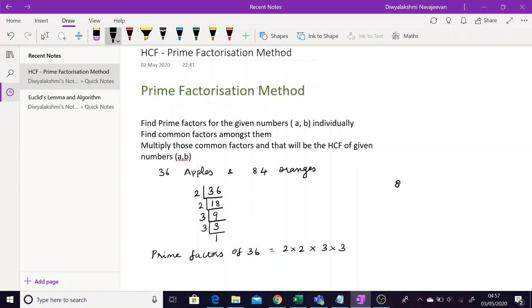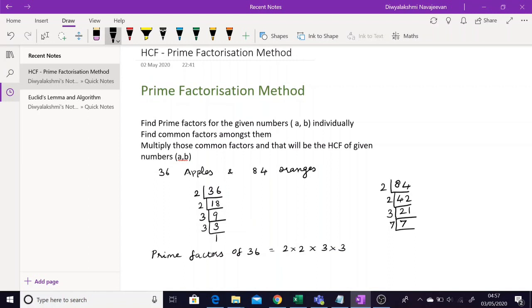So let us take 84. The least possible prime factor for 84 will be 2, and then dividing 84 by 2 gives 42. Now the least possible prime factor is again 2. Dividing 42 by 2 gives 21. Now the least possible prime factor is 3.